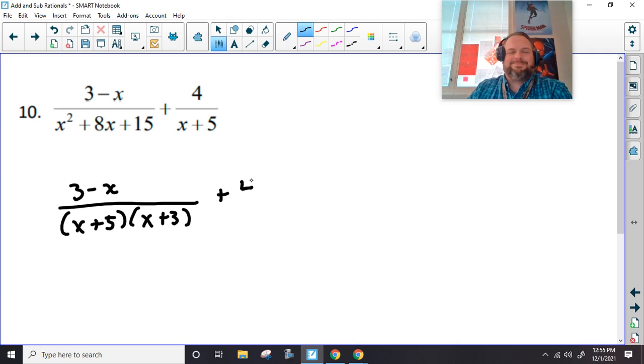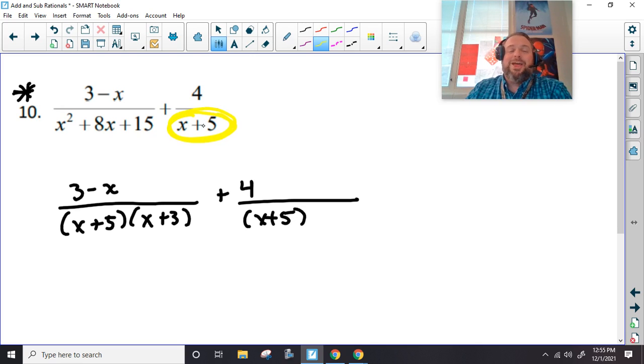Now, this is the type of problem that I like, and this is why. You do have some factoring, and this right here is always a hint. There's always something in this that is in there. That's why I went ahead and wrote x plus 5, x plus 3, because I knew two numbers that multiply to give me 15 and add to give me 8 are 3 and 5.